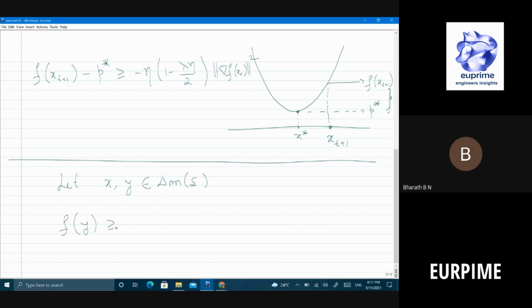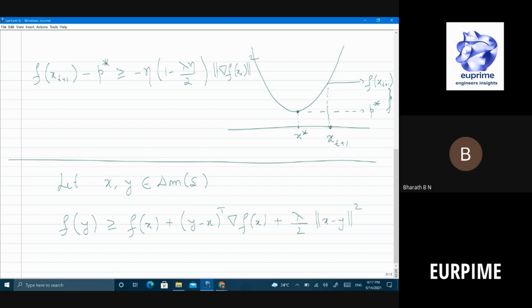f of y is greater than or equal to f of x plus y minus x transpose gradient of f of x, plus lambda by 2 times norm of x minus y squared. This is clear, right? Strong convexity. Do you agree with this?